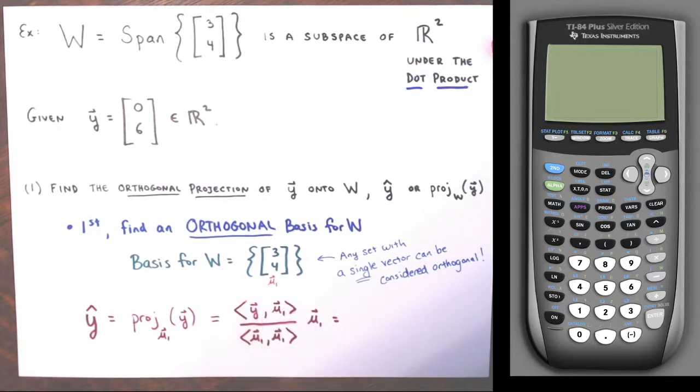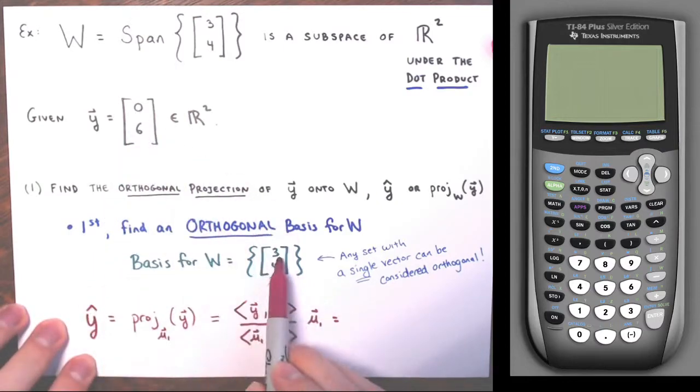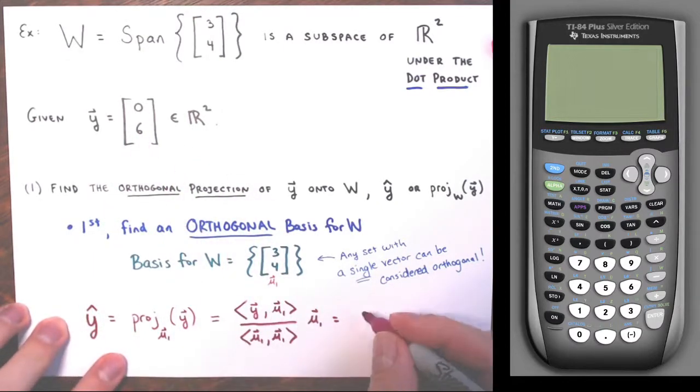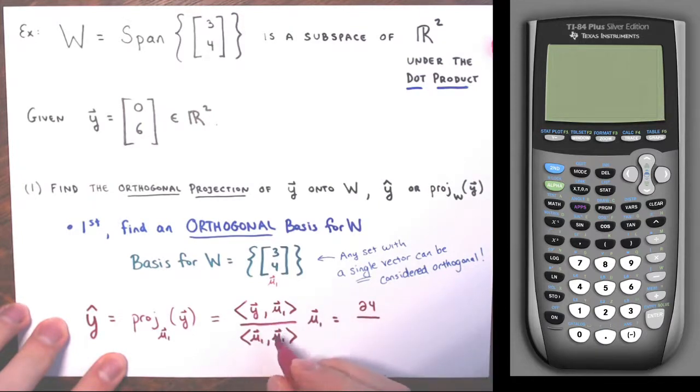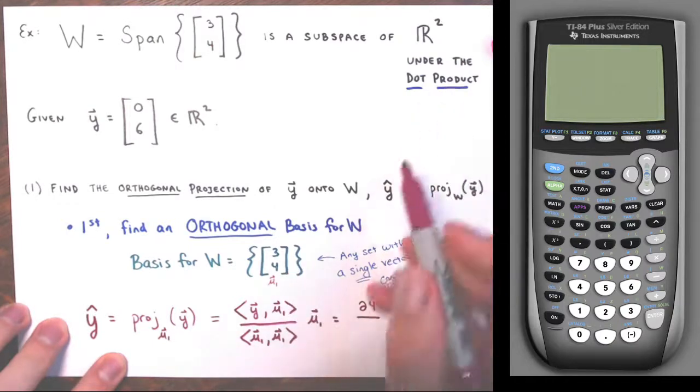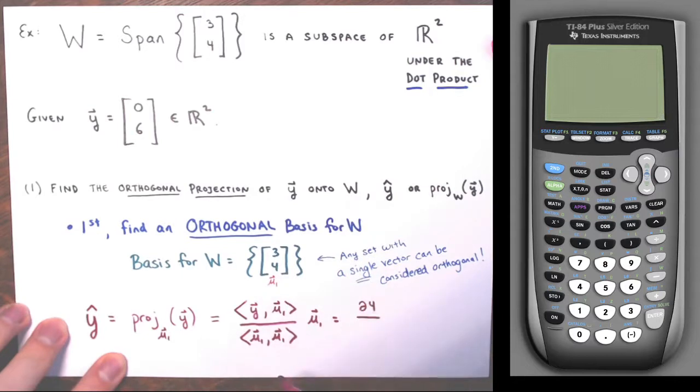Well, 0 times 3 is 0, plus 6 times 4 is 24, so the numerator is 24. And the denominator of this scalar is the dot product of 3, 4 with 3, 4. So it'd be 3 squared plus 4 squared, 9 plus 16, that's 25. So the scalar is 24 25ths times the vector U1, times the vector 3, 4.